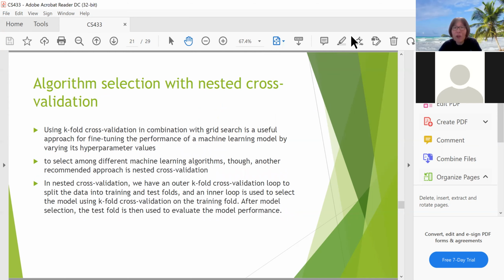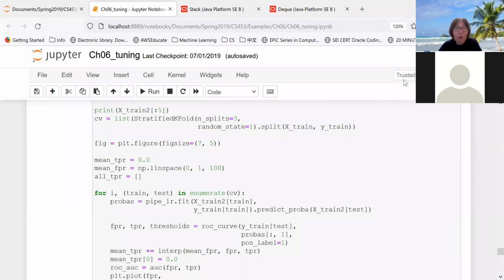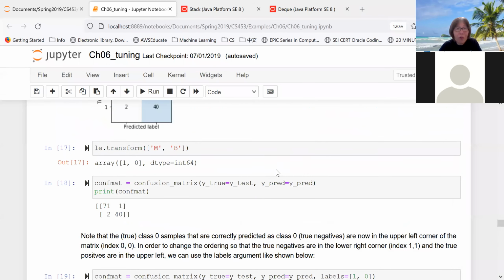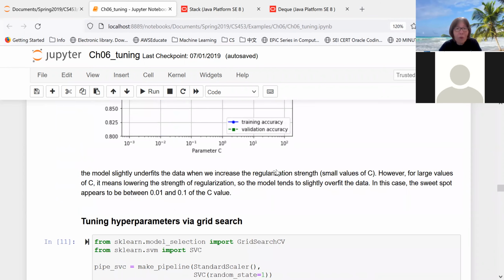Next, let's take a look at our example regarding grid search.